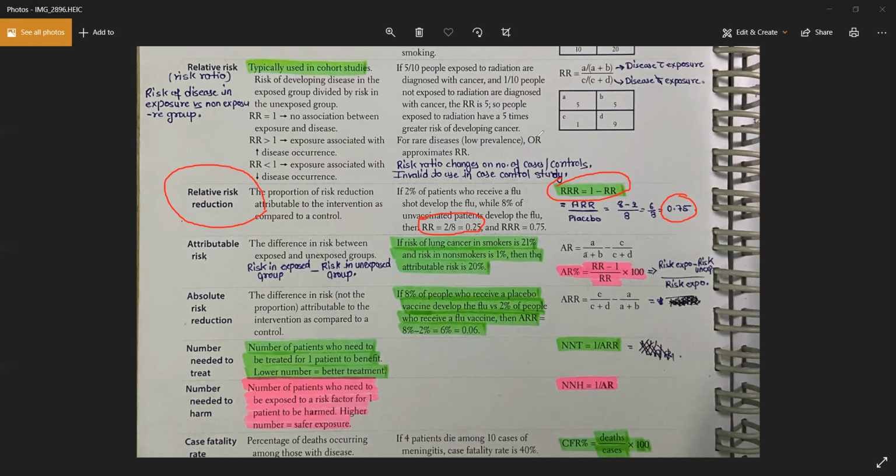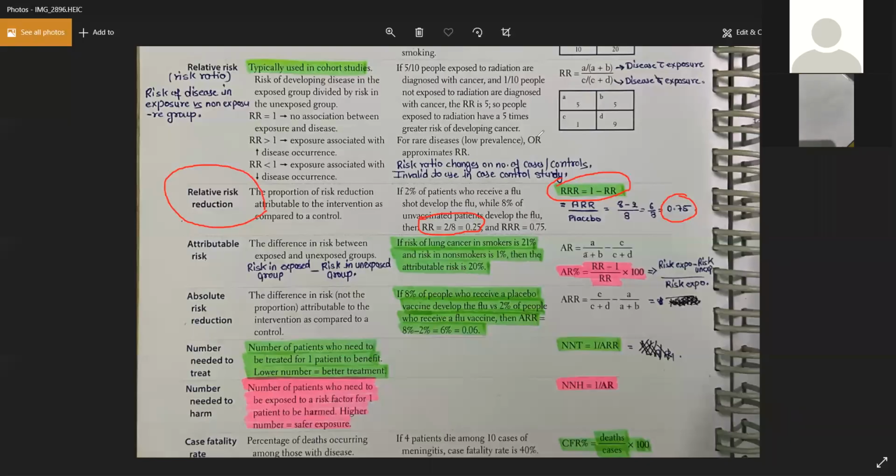Okay, so let me derive this for you. I will turn on my camera. See, what I told you is the relative risk reduction.